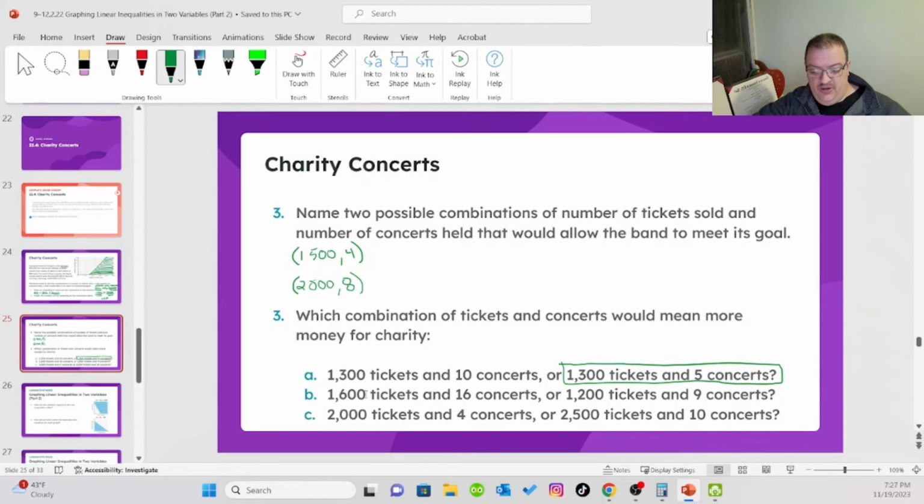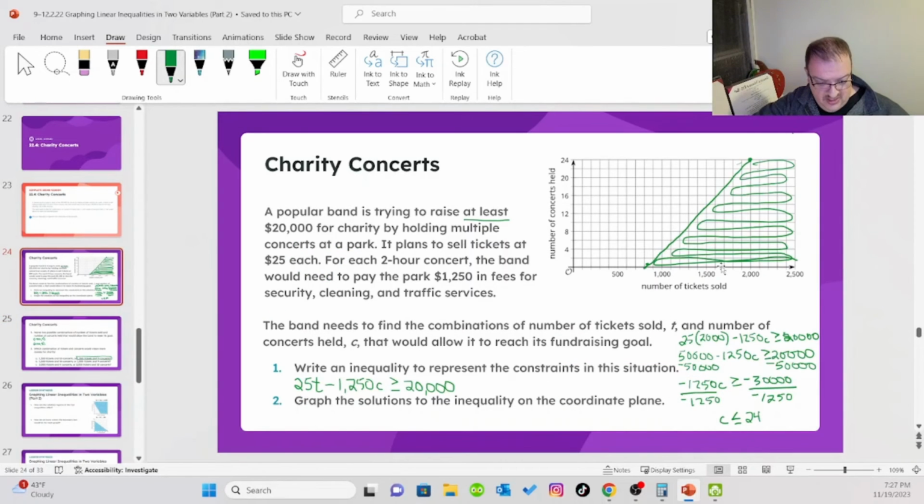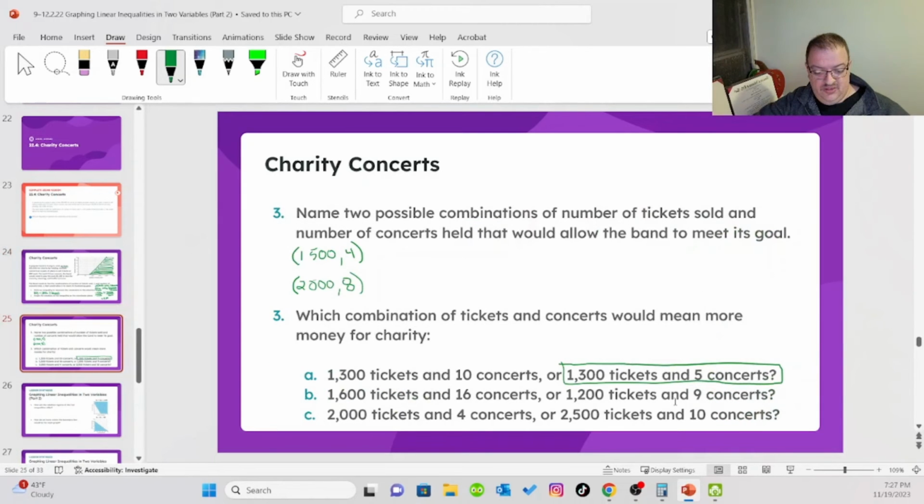Now they want to know 1,600 tickets and 16 concerts. 1,616 looks like it's on the line, so that would be right about $20,000.